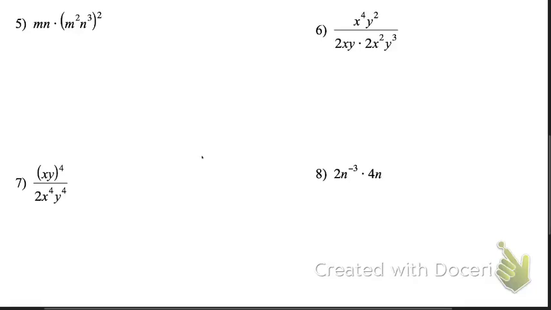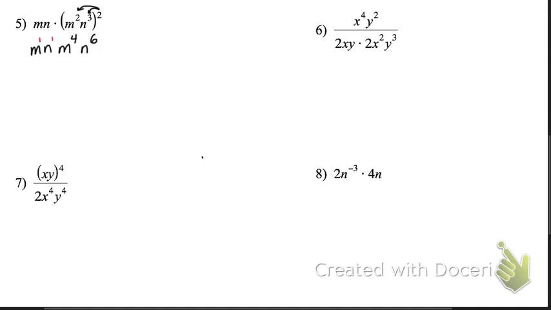Okay, on number 5, let's do this part first. We can leave m, n, and then we'll have m to the 4th, n to the 6th.